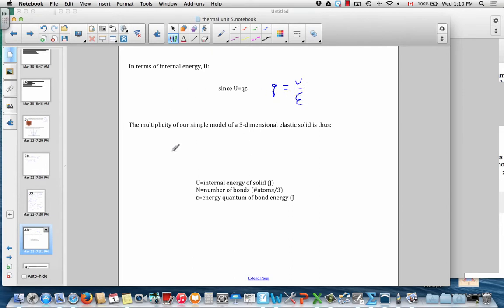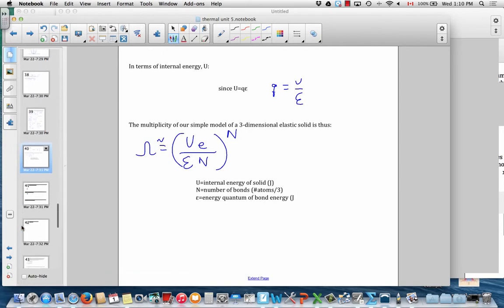Using the previous expression and substituting this in for q, we get U times e, and that's 2.71828, over epsilon, the energy quanta, times n, the number of bonds, all to the power of n. All right, so that's the multiplicity function for the Einstein solid.